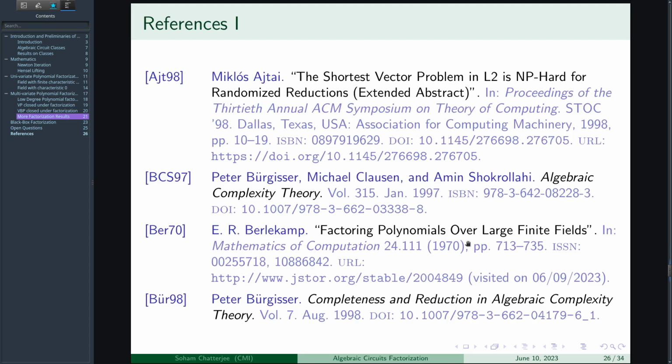So I have mentioned all these references here. You can read from here. This book I mentioned early on in the talk, Algebraic Complexity Theory by Burgisser, is a very good book, and this is also a good book, Completeness and Reduction. It mainly talks about the classes.